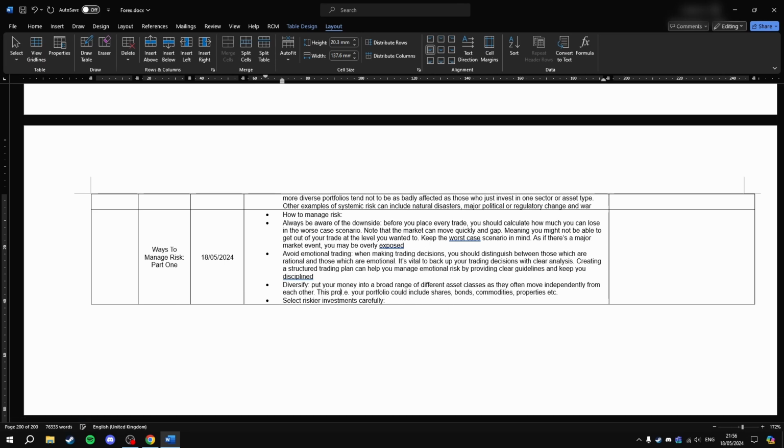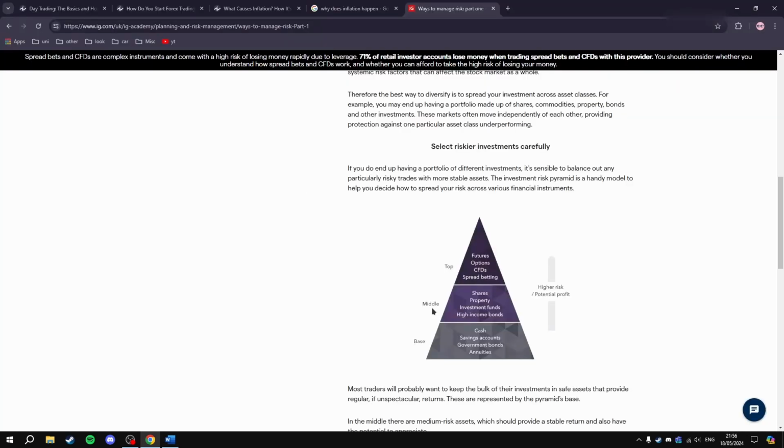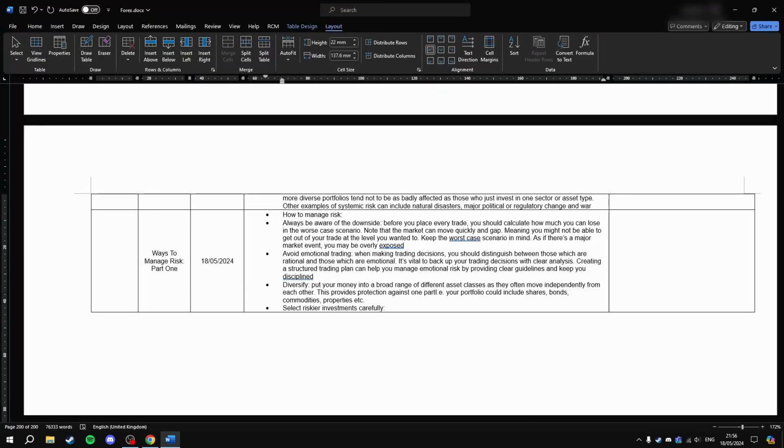So this provides protection against one particular asset class underperforming.